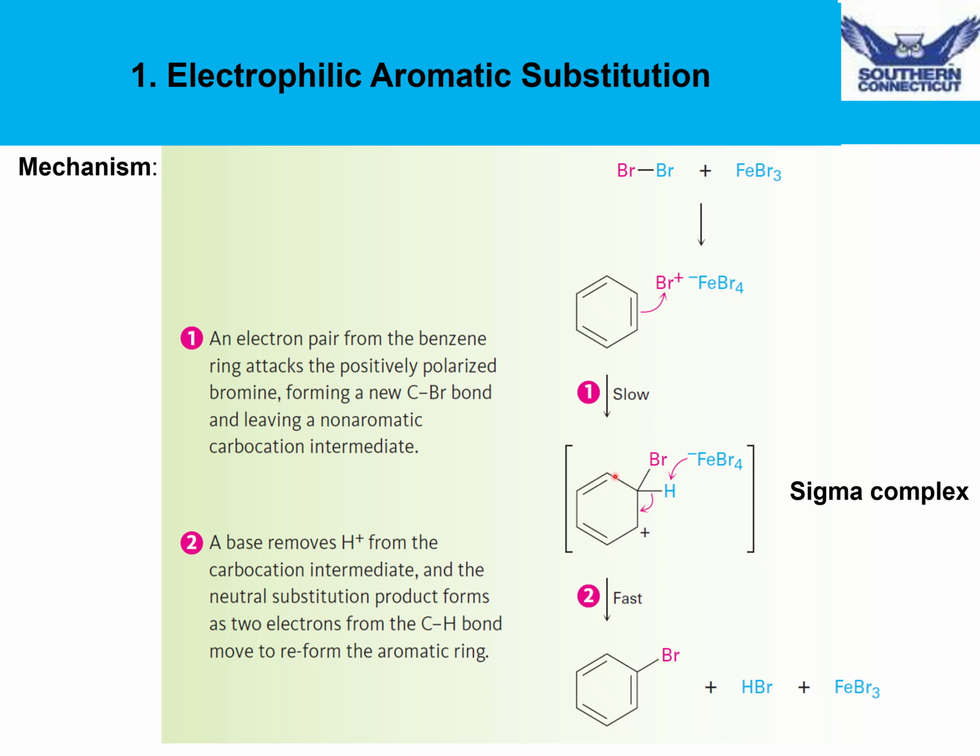Note that the first step is the slow step, or the rate determining step, because we're going from a very stable aromatic ring to a carbocation. And then the last step is very fast, since we're reforming the aromatic ring, which again is very stable.